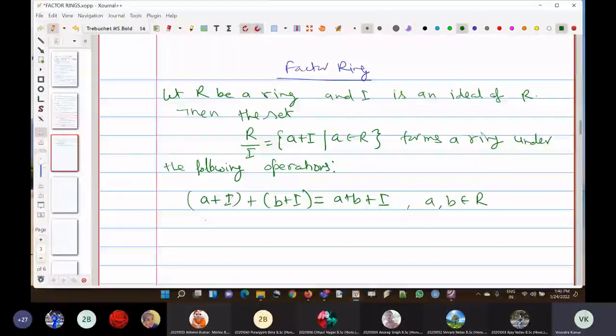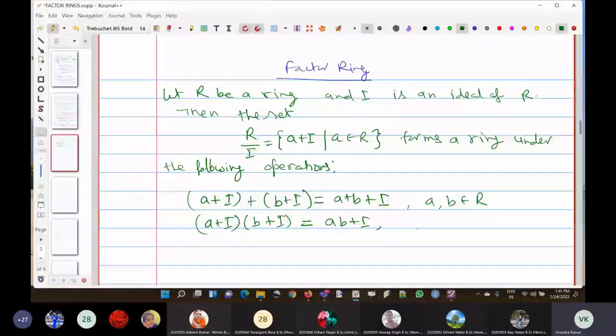Another thing is the product, which should be closed, so we need to define it also. So a plus I times b plus I is equal to a times b plus I.